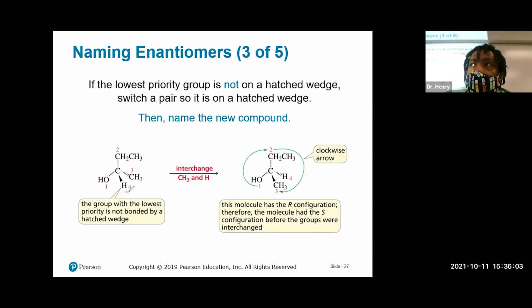Right now, this is the hash, so that's the 4th, right? So 1, 2, 3, 4. In this case, 1, 2, 3, 4. So is this going to be an S or an R structure?